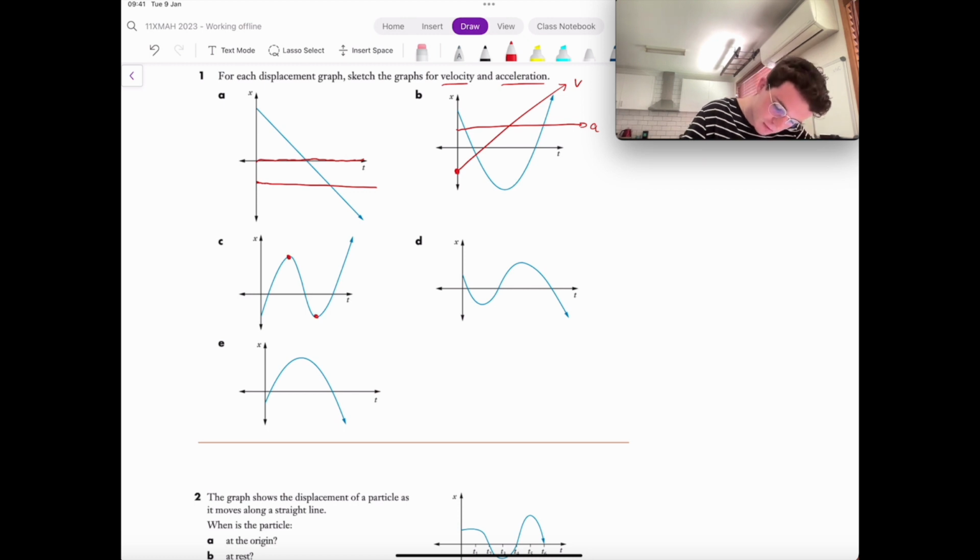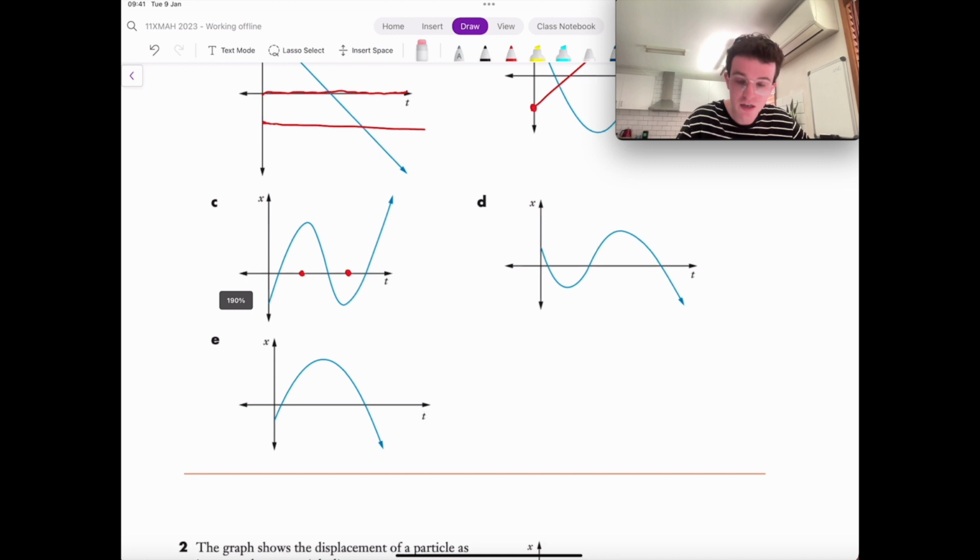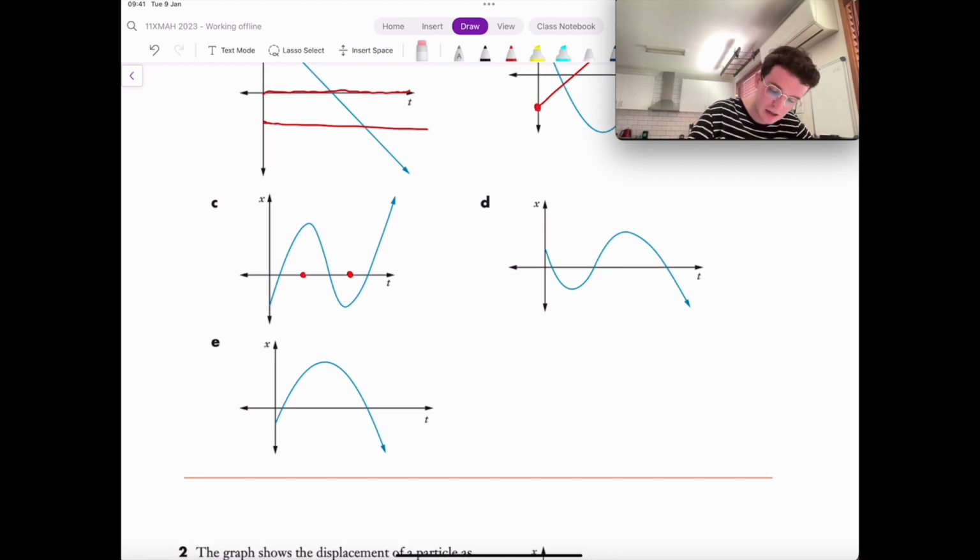So that means my graph is going to be here and here. It's intercepts. Now this is a cubic function, and if I differentiate a cubic function, I get a parabola. So it has to look like this.